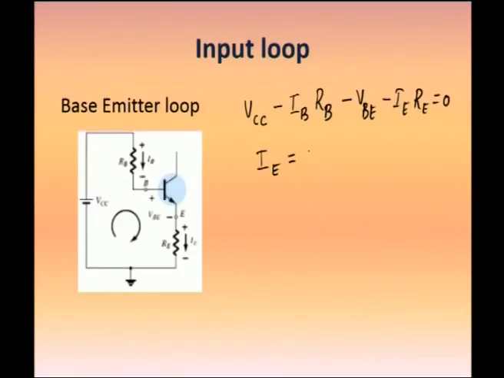When you substitute these in the collector current, you get a relationship between IE and IB. You can try this: how will you obtain IE equal to beta plus 1 into IB? For that you have to know the collector current IC in the common base configuration.